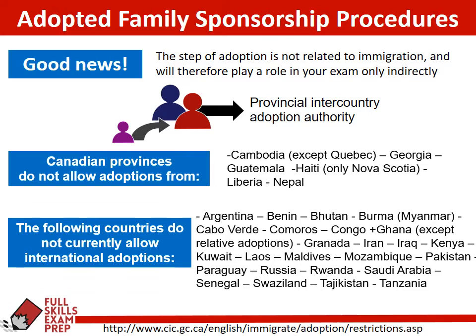So this is, of course, where the federal authorities come in, just to make sure that in terms of the immigration side, they can actually get permanent residence or a visa for the child who is going to be adopted in order to leave the country.